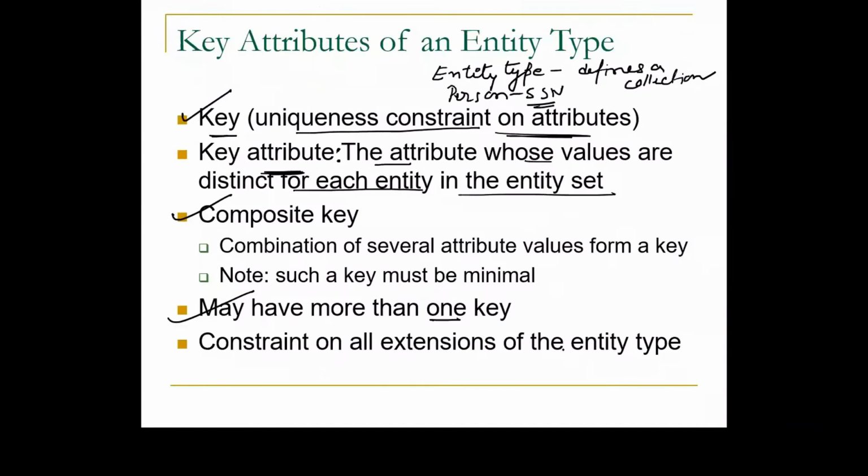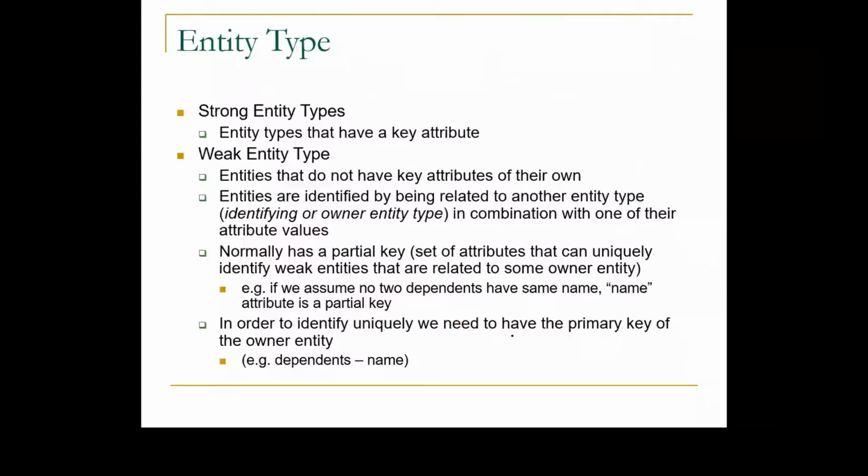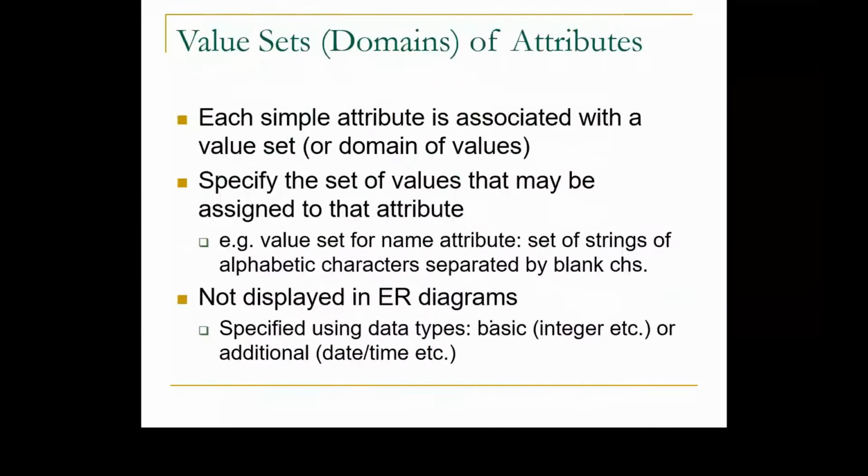Now, value sets of attributes. Value set means domains of attributes. Each simple attribute of an entity type is associated with a value set which specifies the set of values that may be assigned to the attribute for each individual entity.